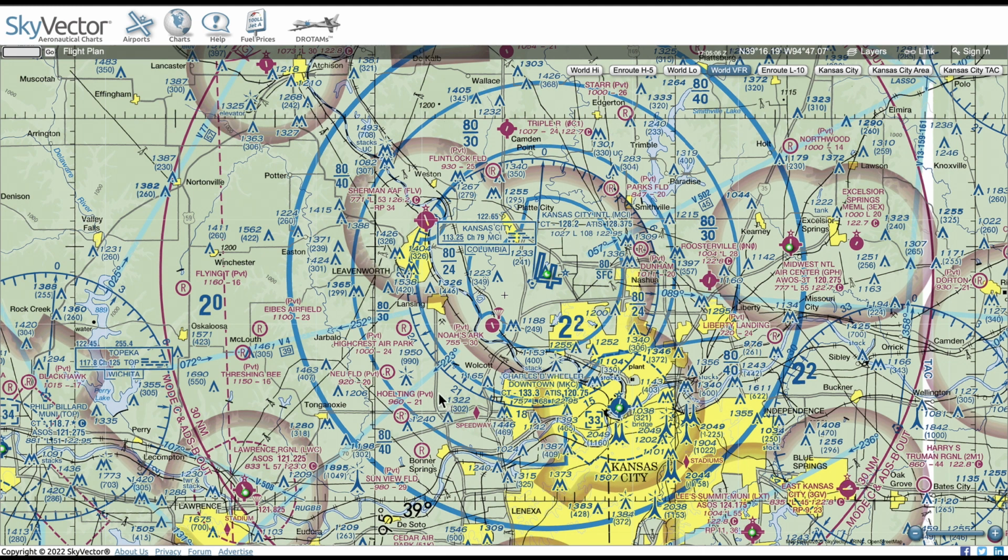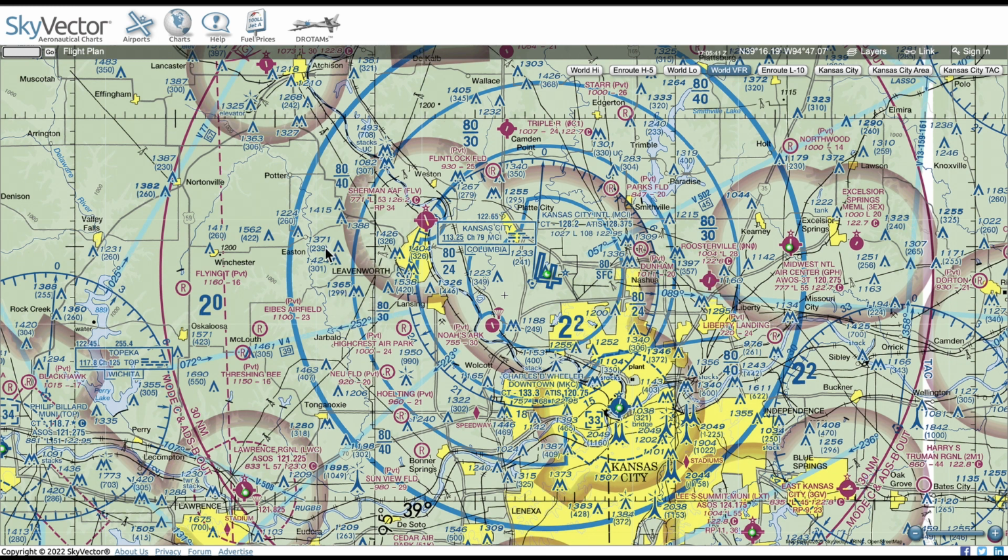And Class B airspace, you can also notice it'll say 40 and 80 here. It starts at 4,000, goes up to 8,000 feet at this outer ring. So if you're flying below 4,000 feet in this outer ring here, you're okay. You don't need clearance unless you're falling into one of these other overlapping airspaces. You might run into something where you're going to need clearance.